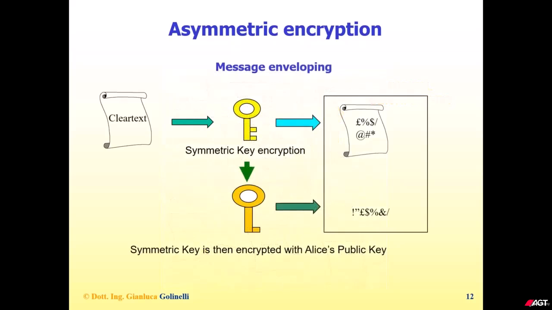Which algorithms are then used in data transmission protocols on channels such as HTTPS or SSH? The answer is simple. An asymmetric algorithm such as RSA is used only in the initial handshake phase to transmit the symmetric key of an algorithm such as AES, which will then be effectively used for data transmission.